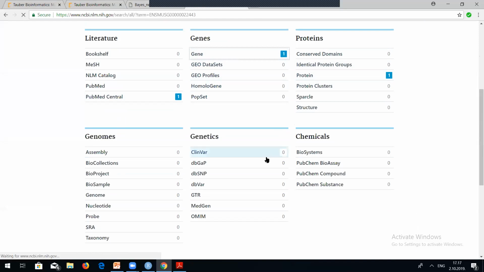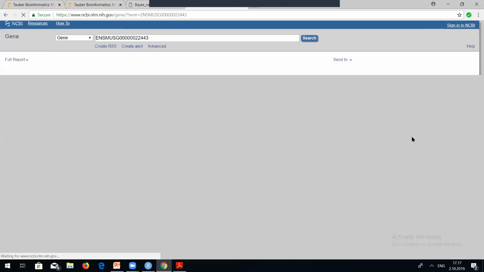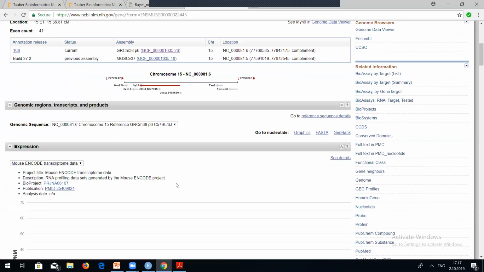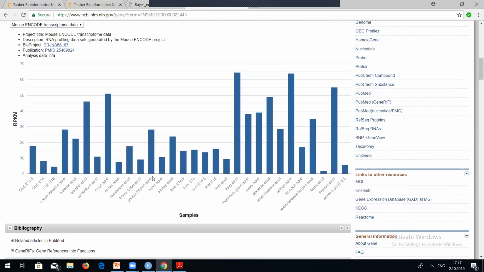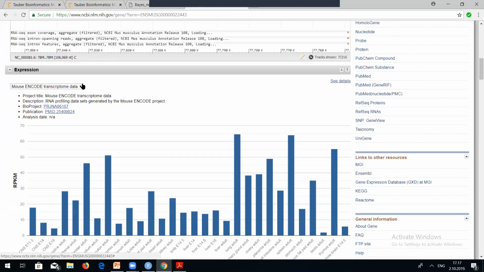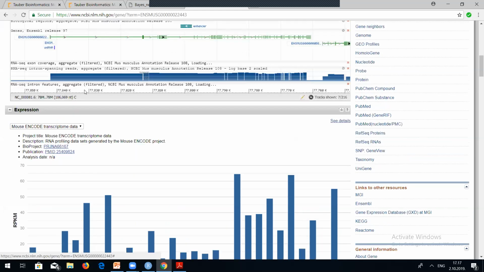You can view that gene, and you can see where it is expressed, what it belongs to, just by going down here, and you have various information here, right? You can see expression in tissues here, right?